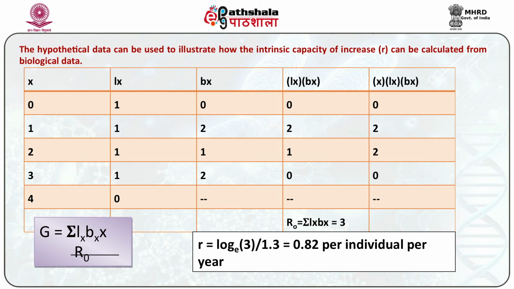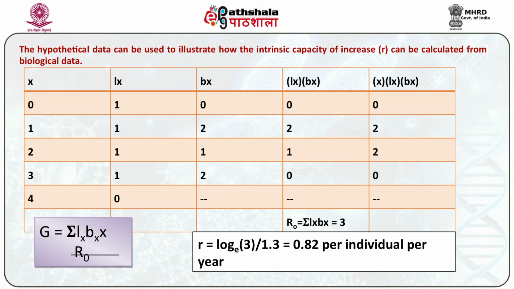The first step is to calculate the net reproductive rate, that is capital R naught, which was already explained above in this module. For the given data, the net reproductive rate is 3, which clearly indicates that the population can triple its size in each generation.